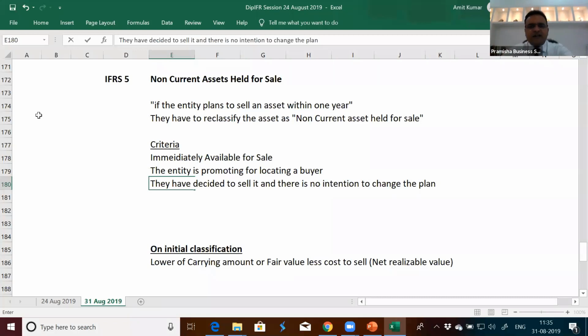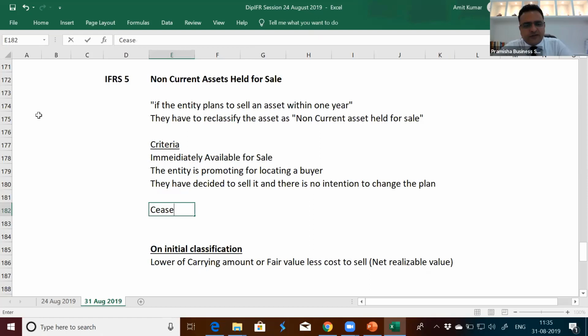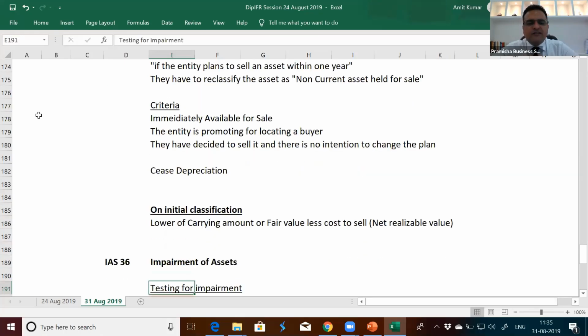Only if we meet criteria that the asset is available for immediate sale, we plan to sell it, we are locating a buyer, we do not intend to use it now, and we are going to buy a new technology, or whatever the reason, if we plan to sell it, then we cease depreciation. Cease depreciation means we are not going to recover its value through consumption of this asset. We plan to recover its value by sale. So the only option left to us is compare the carrying amount with fair value less cost to sell.